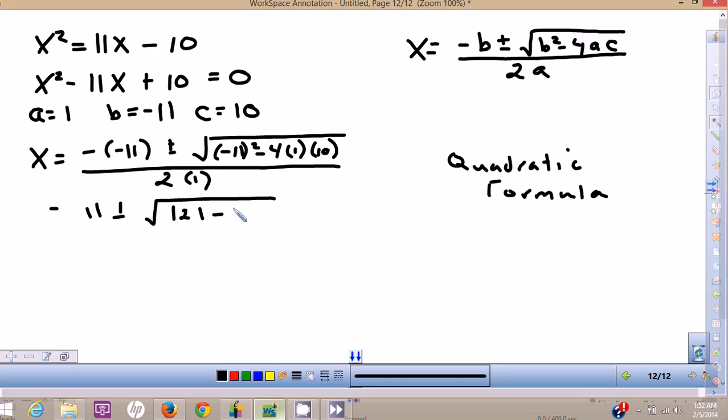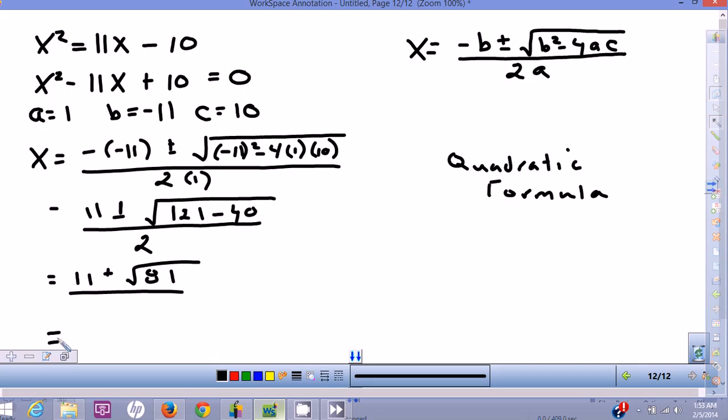Notice the 2 is not under the radical, but it is underneath the fraction, and the 11 is on top of the fraction. If we simplify 121 minus 40, we get 11 plus or minus the square root of 81 over 2. What's the square root of 81? It's 9. So 11 plus or minus 9 over 2.